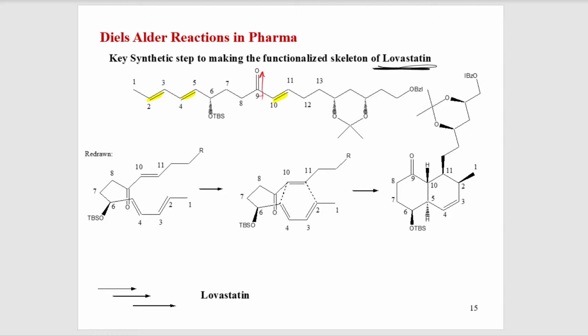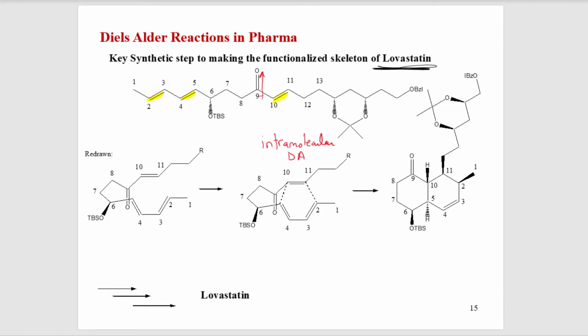And when you heat this molecule up, you've got the diene 2, 3, 4, 5, and the dienophile 10 and 11. This does an intramolecular Diels-Alder. And what you can see is I've redrawn this molecule over here.